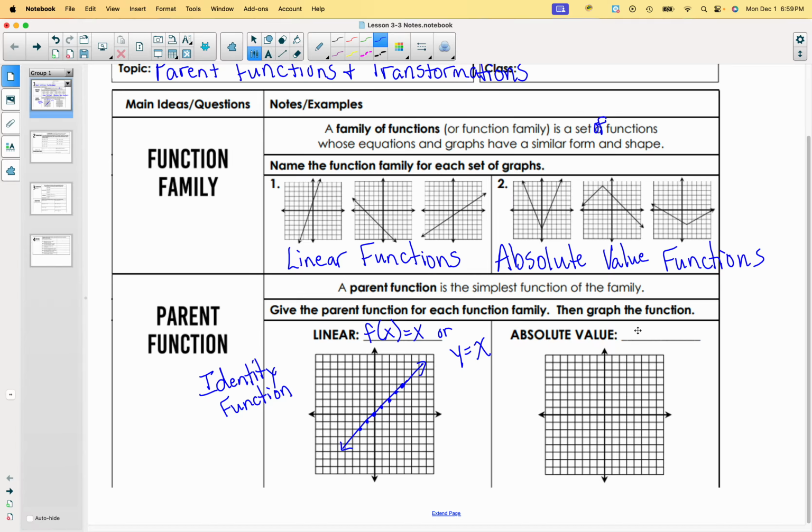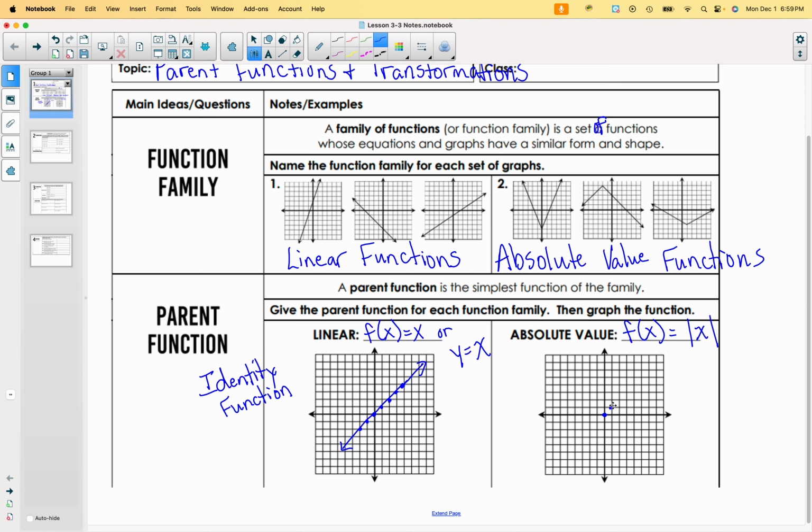For an absolute value graph, we have f of x equals the absolute value of x. Now, if it hadn't been for the absolute value signs, it would be a line just like y equals x. So we saw in class earlier when we looked at these functions with a table of values, if x is 0, then f of x is 0.